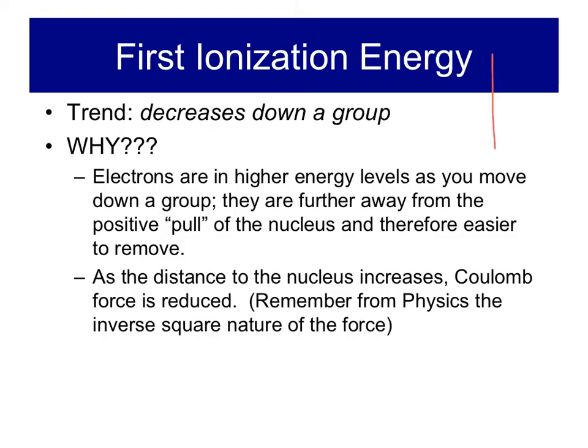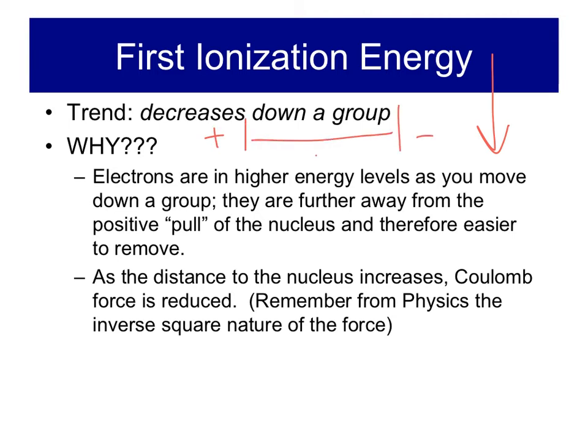As you go down a group, for example, from hydrogen to francium in the alkali metals, the ionization energy is going to decrease, which basically means it is easier and easier to steal the electron. That's because as you go further and further away, the protons are further and further apart from the electrons.